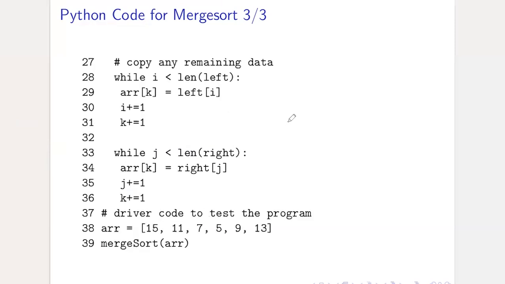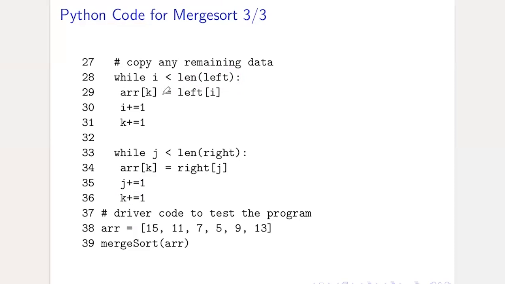Once you exit, you check whether index i, which is handling the left hand side, is still less than the length of the array, which means there is some unaccounted for data remaining there, which means basically the right hand side array was the shorter one.